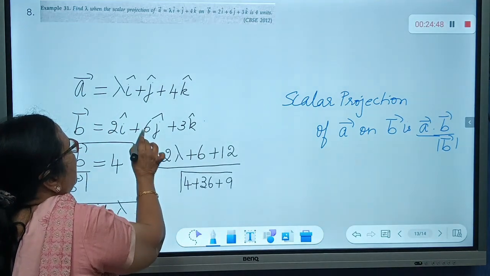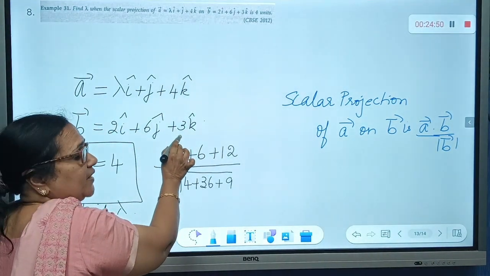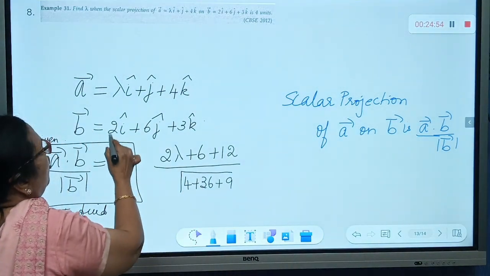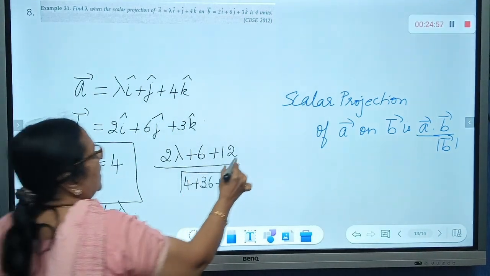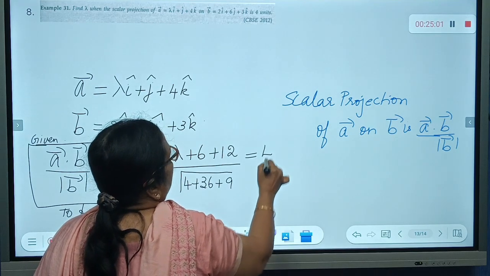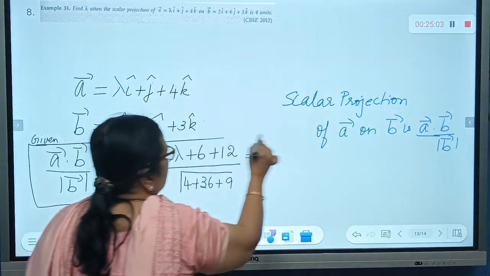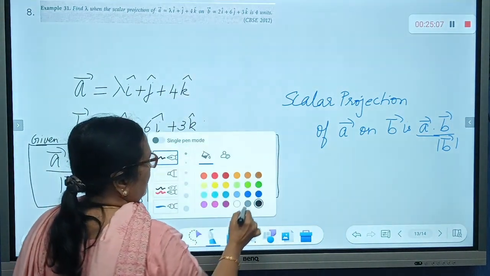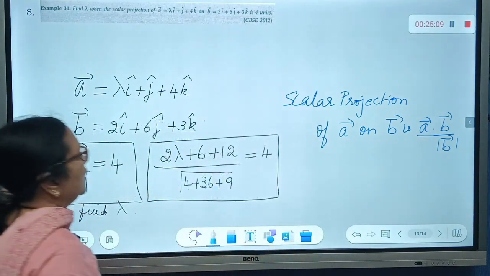This 2i plus 6j plus 3k is the B vector. What is its length? Root of a square plus b square plus c square, which is 4 plus 36 plus 9. Now, this A dot B by modulus of B vector is given to be 4.